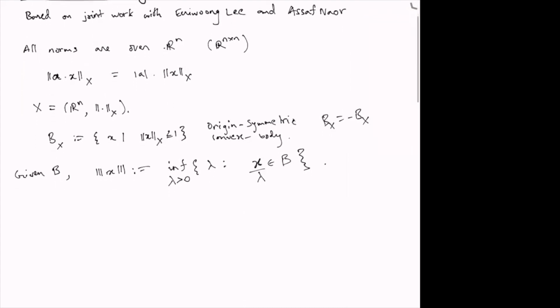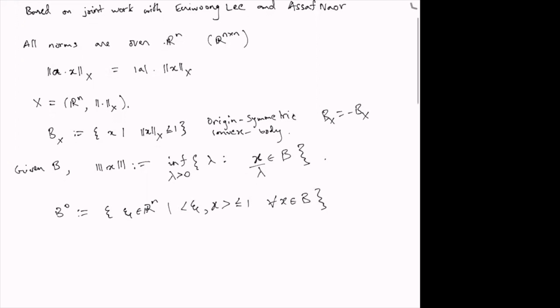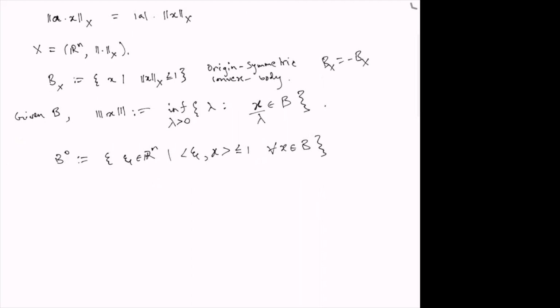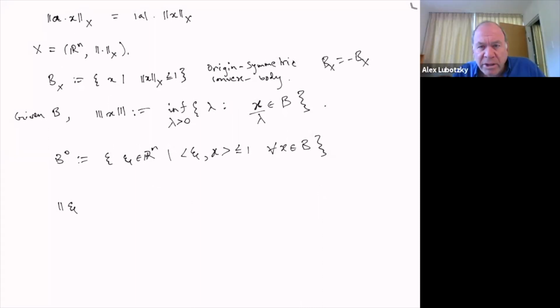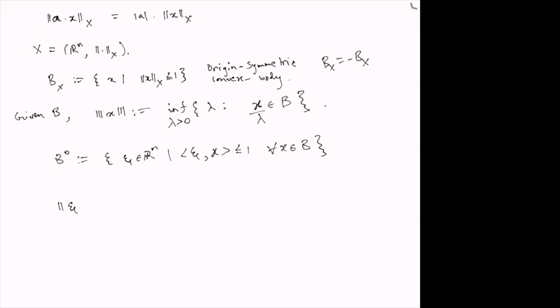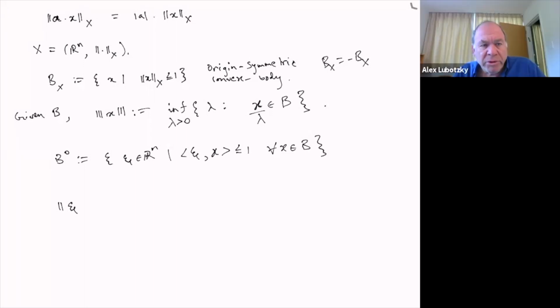For a set B, I define B polar as the set of points c belonging to R^n such that c inner product x is at most 1 for all x in B. The dual norm is also a norm on R^n. The inner product is the standard inner product in R^n, independent of the norm.